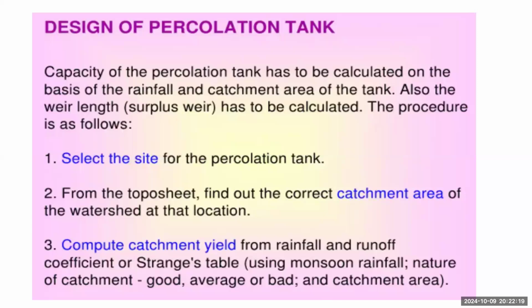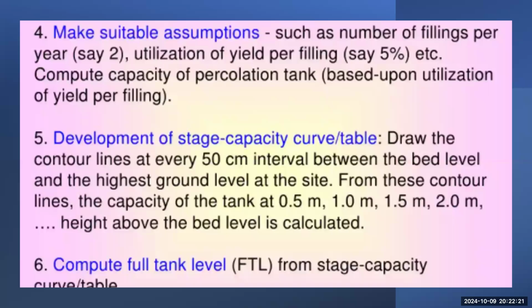Then by constructing two graphs, which are called the storage capacity curve and the elevation capacity curve, it is possible to find out the storage capacity of this percolation tank. And from that, we can compute the total storage capacity of the reservoir, which is created by constructing the earthen embankment.